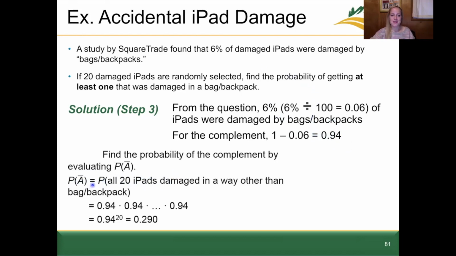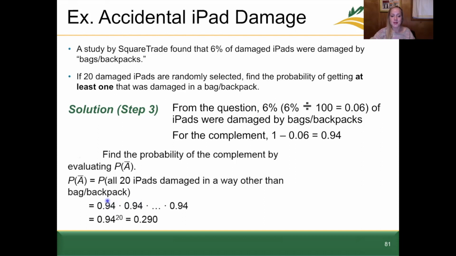Here, for this specific problem, our A bar is among all of these 20 iPads because that's what we have in the problem. Then to find our probability of A bar overall, we would take 0.94, so the probability of one iPad not being damaged by a bag or a backpack, multiplied by 0.94 again for that second one not being damaged by a bag or a backpack, multiplied again by 0.94 for the third iPad, and we can continue on for all 20 iPads.